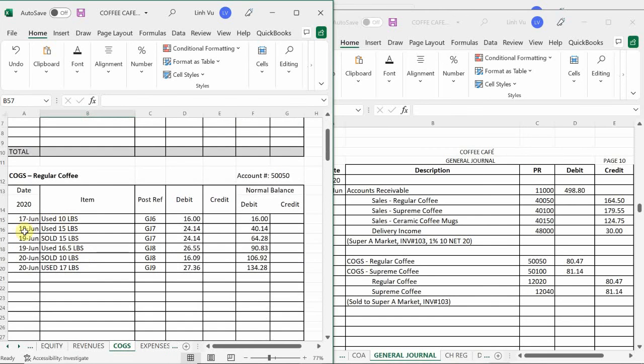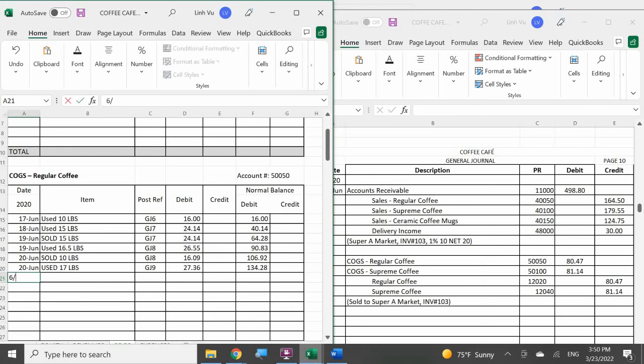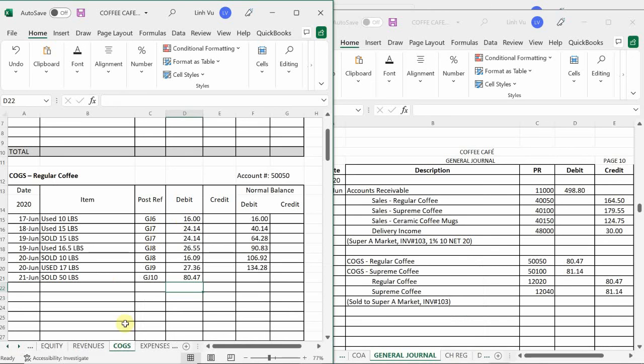So we sold 50 pounds, okay, which cost us $80.47. So therefore, what's my total cost of goods sold here so far? $214.75.